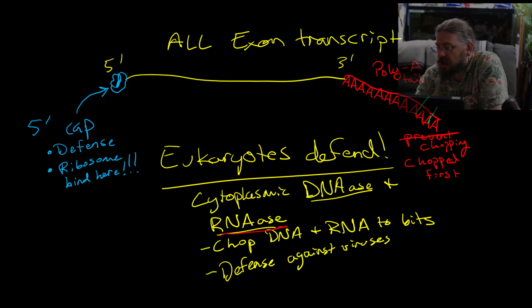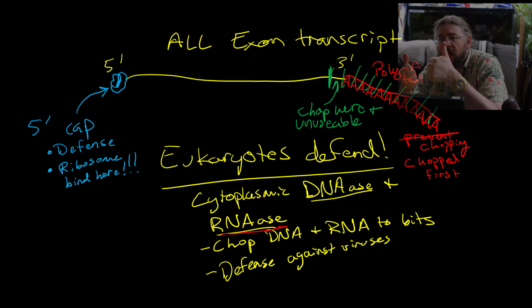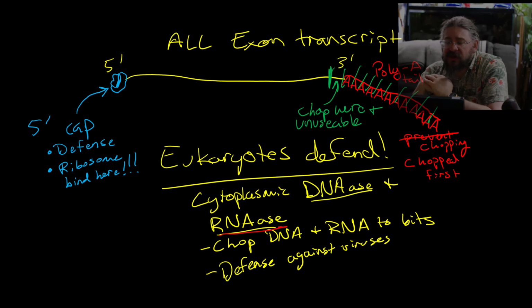Because click, click, click, click, chop, chop, chop, chop, chop, chop. And then once we start chopping our transcript, like the first chop, right? Chop here and it's unusable. So as long as we're chopping the poly A tail, we're golden. The transcript is functional. But once we chop into the transcript, it's dead.